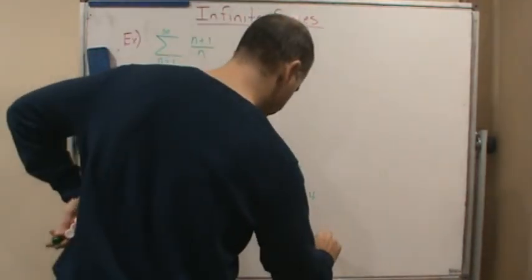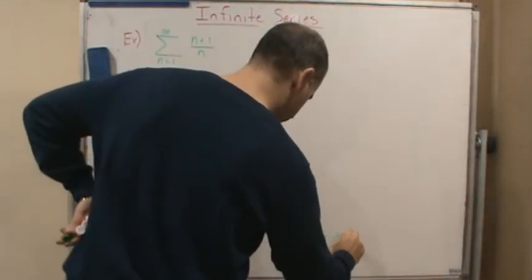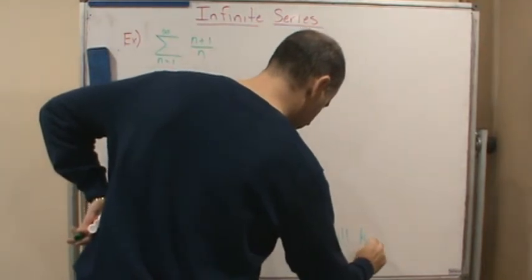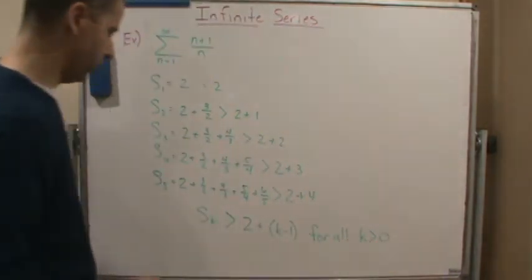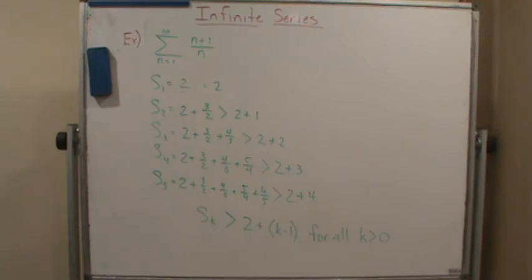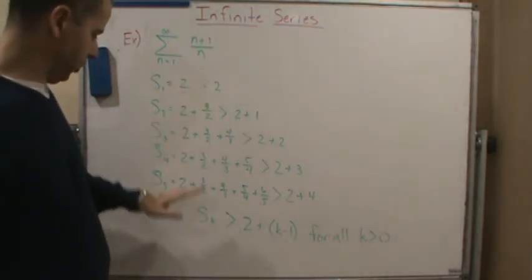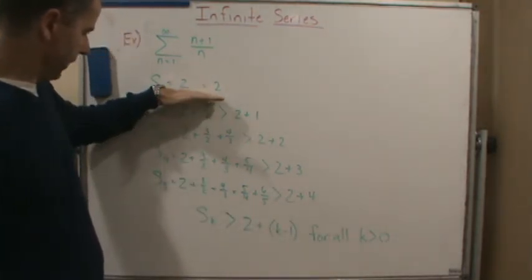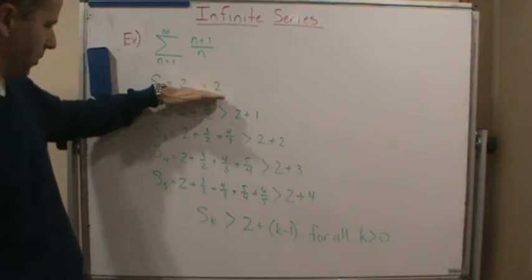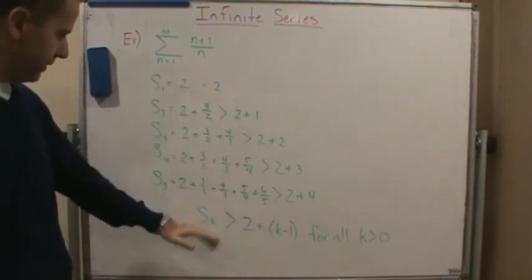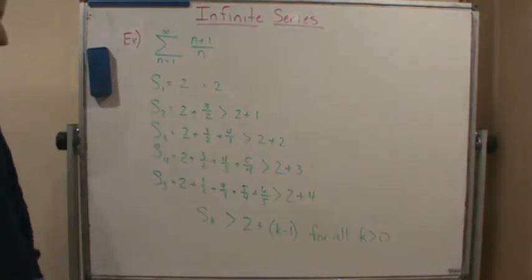For all k greater than 0. Okay, technically this would be equal to, but again, with the exception of the first partial sum, this holds for all positive integers k.